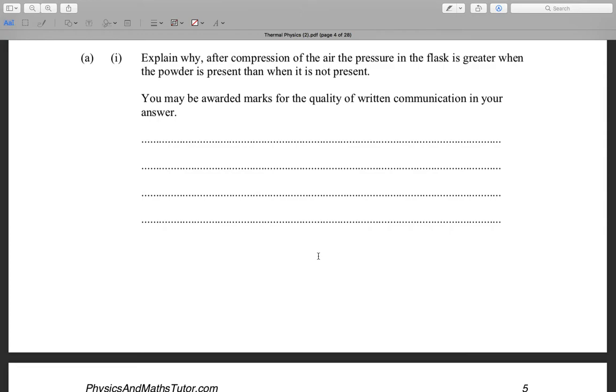Because the volume of air is less with the powder present.